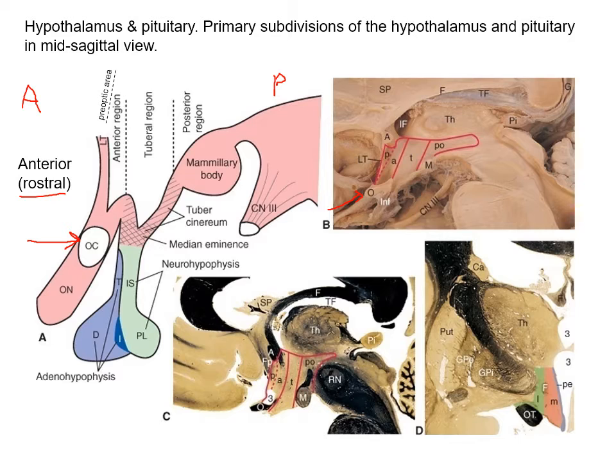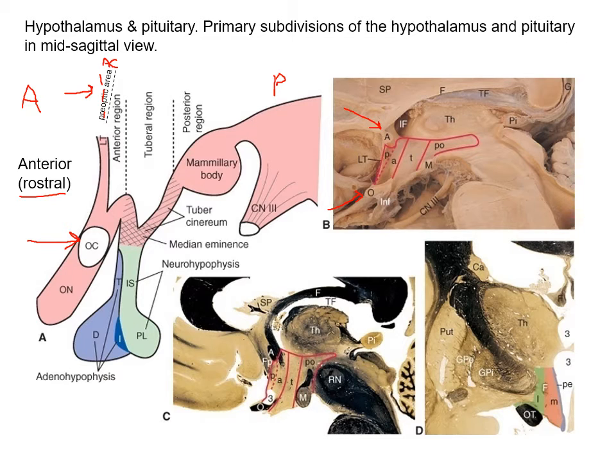These different regions or zones of the hypothalamus starting anteriorly, one is called the preoptic area, which I wrote in right here. It's a small wedge-shaped area that lies just inferior to the anterior commissure, which would be right here. And you can see this very nicely on the right. This A right here is the anterior commissure, and that preoptic area lies just below that.